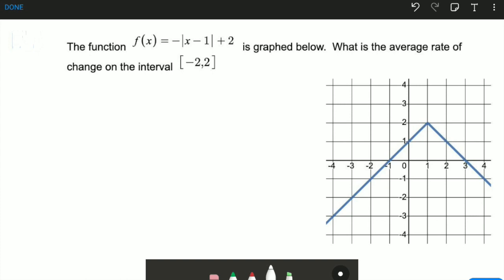So since we're looking for average rate of change or slope, we are going to just write out one of the slope formulas real quick. We're going to be using the function notation one, just as practice with that variation of the formula. So f of b minus f of a over b minus a.